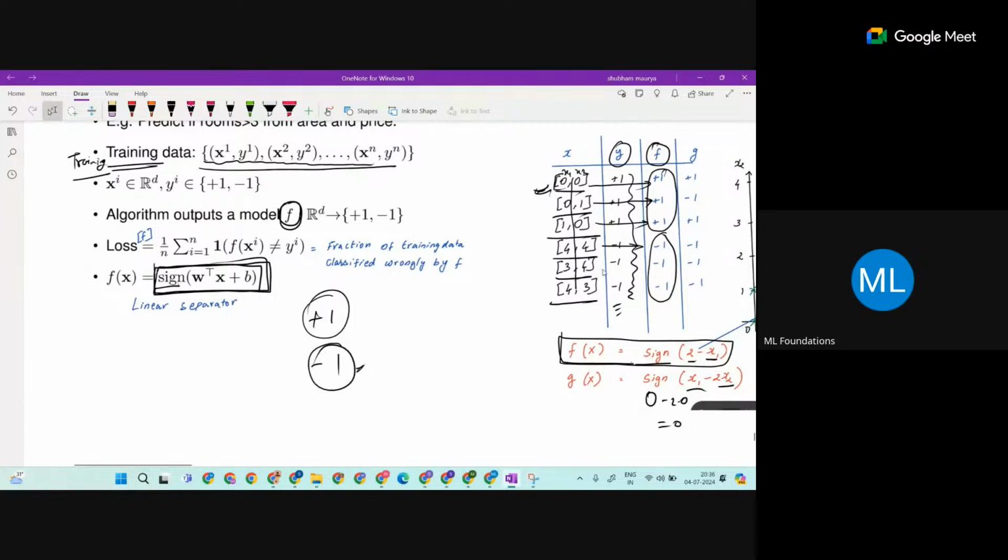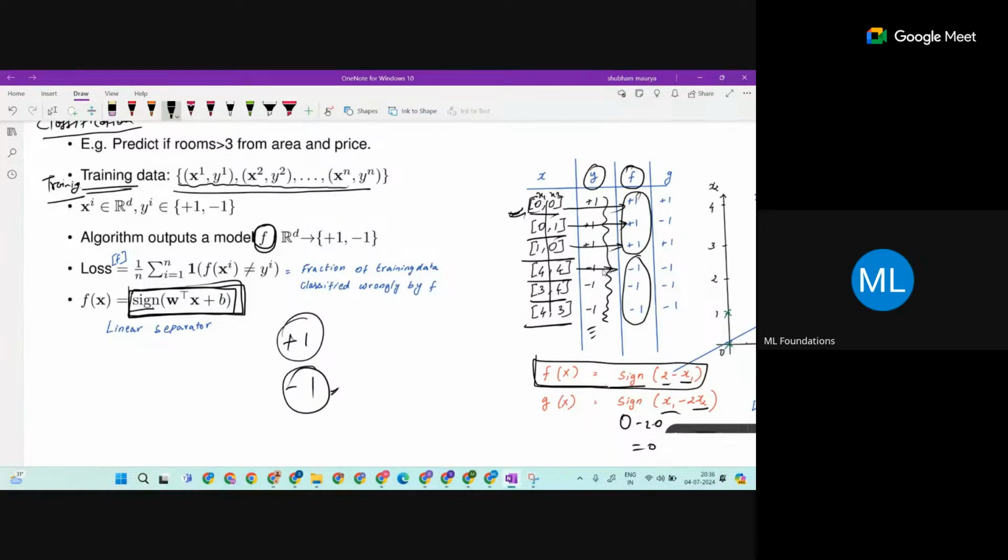Okay, sir. And somebody asks, what is the use of this Y? Here we can see, if you try to calculate the loss, these two models F and G, we have calculated the outputs.